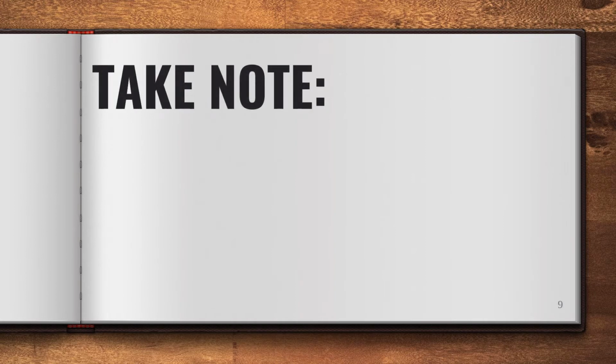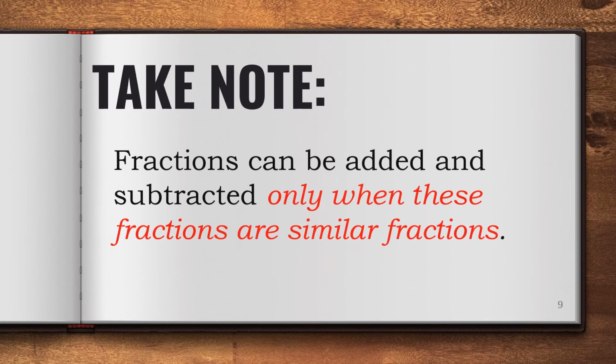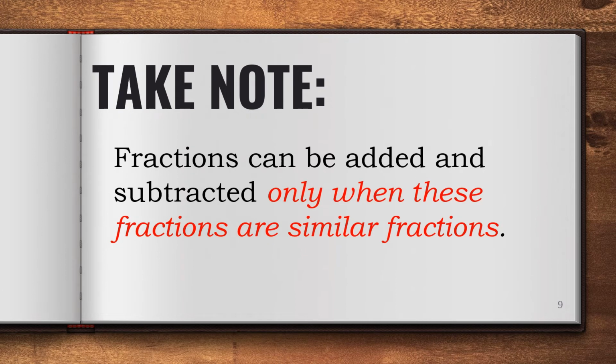We also have to take note that fractions can be added and subtracted only when these fractions are similar fractions. Again, we can only add or subtract fractions if they are similar fractions.